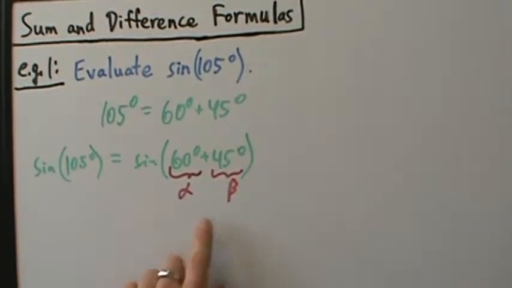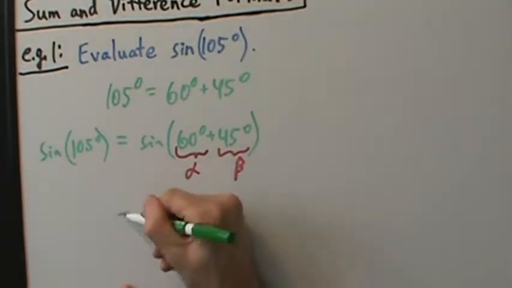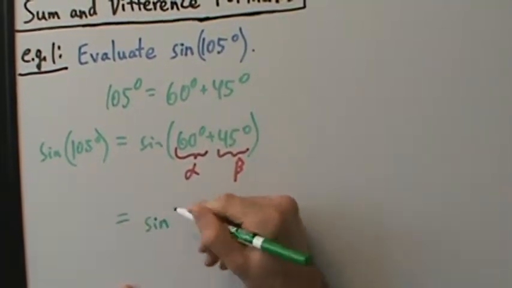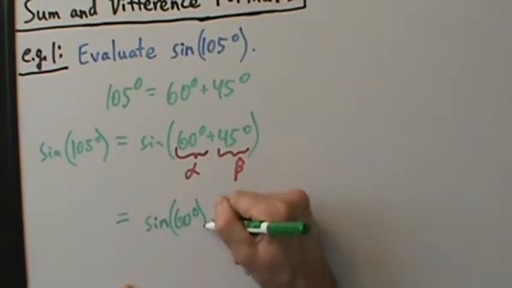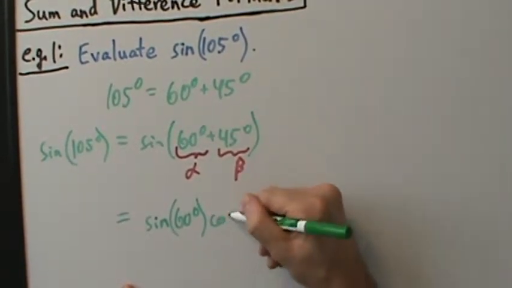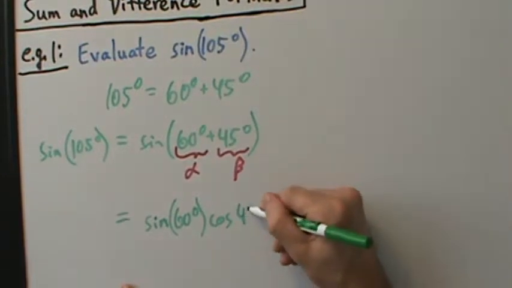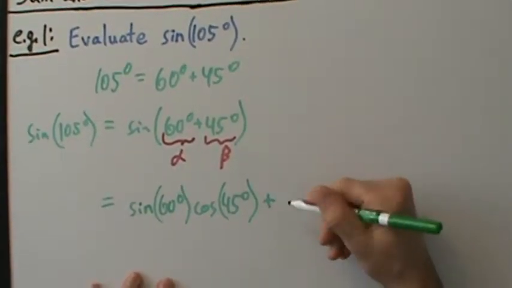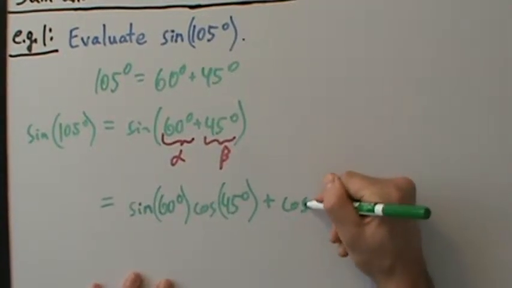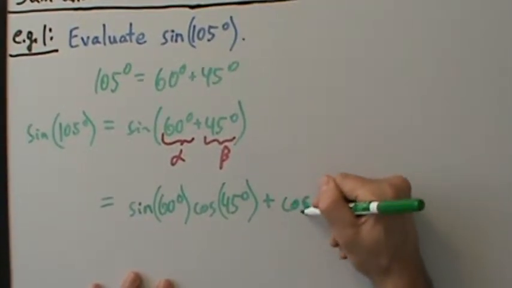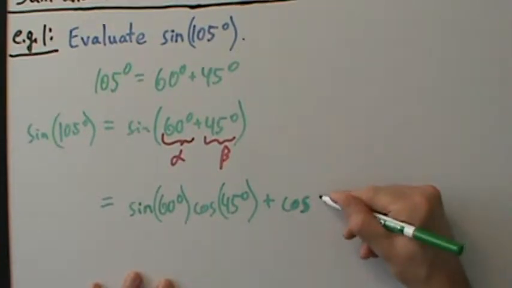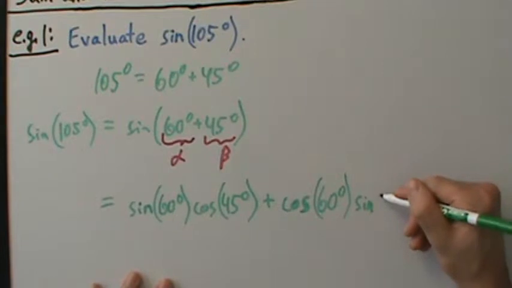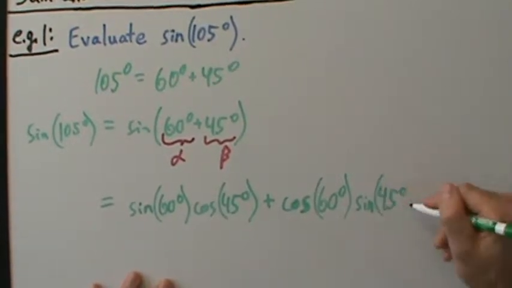So we have sine of alpha plus beta, which is sine of alpha, which is 60 degrees, times the cosine of beta, and beta is 45 degrees, and then plus cosine of alpha, and again alpha is 60 degrees, times the sine of beta, and beta is 45 degrees.